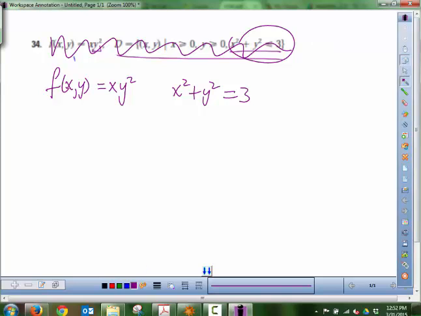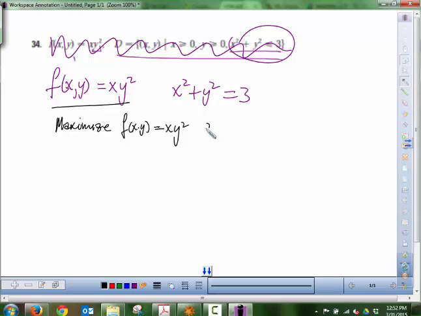So the question would be, maximize this function given the constraint x squared plus y squared is equal to 3.